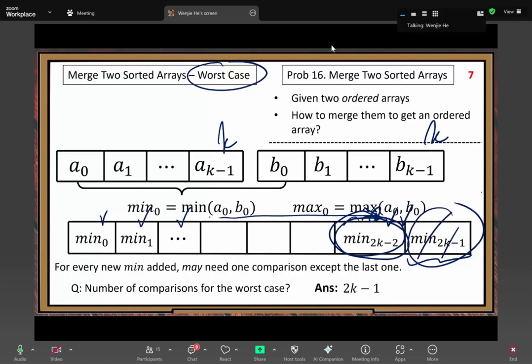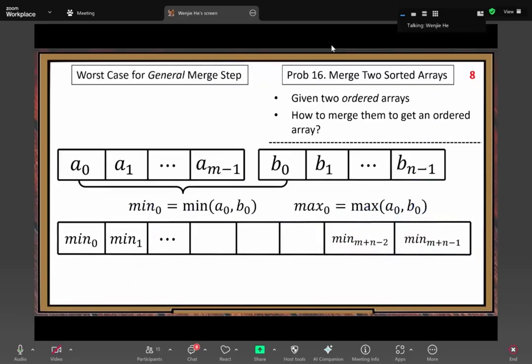So the answer is 2k minus 1. Worst case, 2k minus 1. But this is the merge case where we consider two subarrays with equal size k.